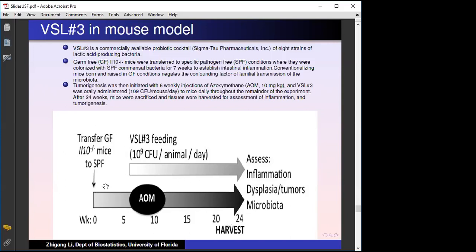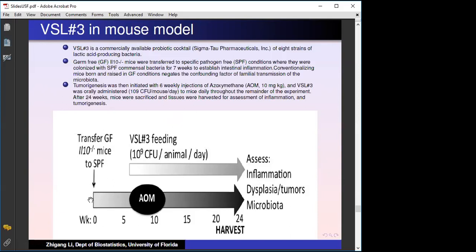First, they use specific pathogen-free mice, transfer these mice to germ-free mice, then transfer these germ-free mice to SPF conditions and colonize them with SPF commercial bacteria to establish the inflammation.